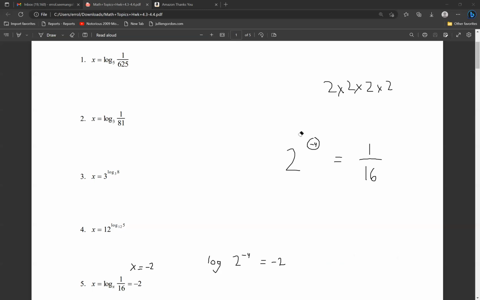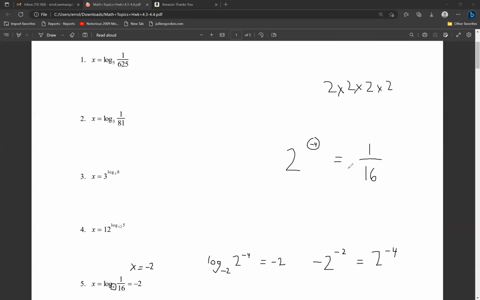So if we know x is -2, plug in your -2 right there, which is this x. So now 2 to the -4 is the answer, and -2 is the subscript, and this is the exponent.